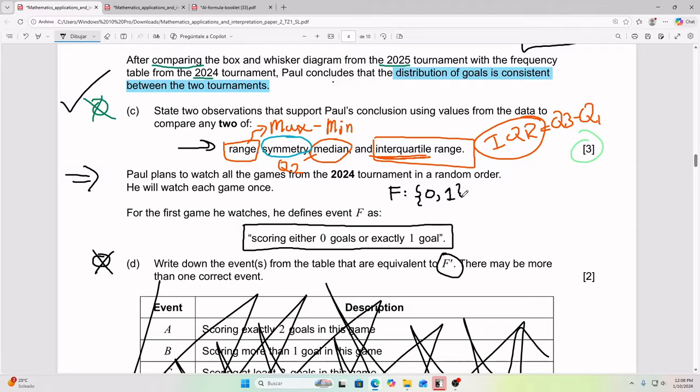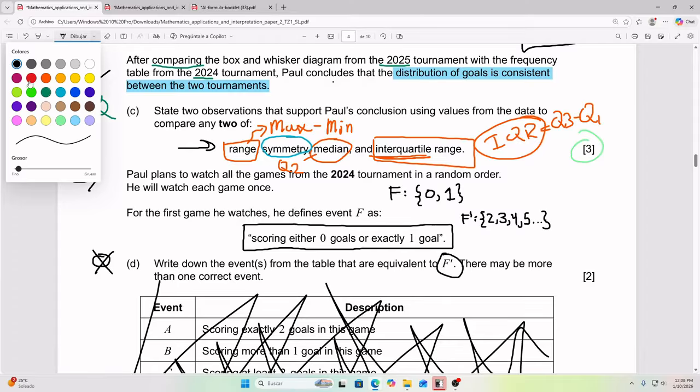And so that means that complement F, so not F, is going to be within the world of, well, not 0 or 1, so it has to be more than that. So it's going to be 2, but also 3, 4, 5, and basically infinity.